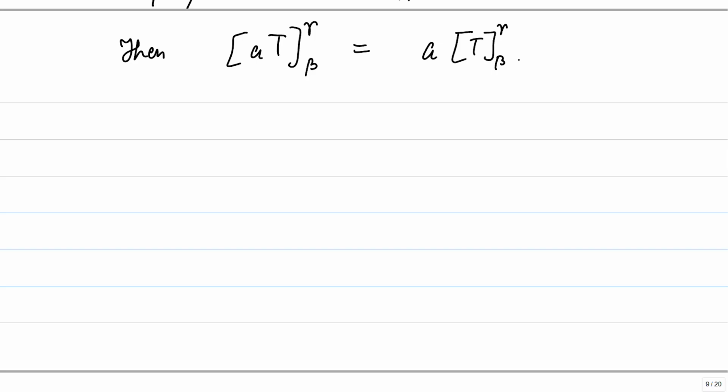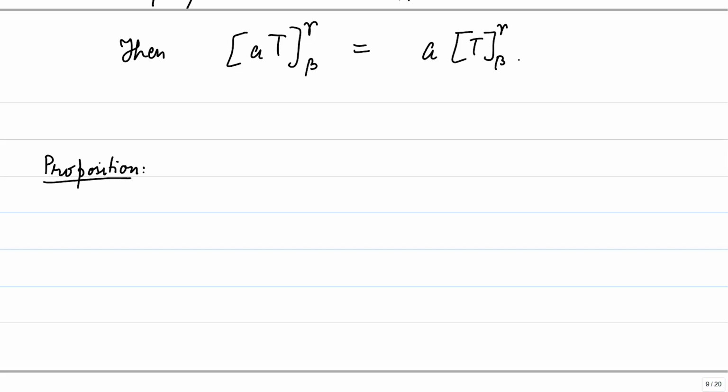Now we would like to explore how the matrix of a product of linear transformations behaves. For that, let me write down a proposition and directly tell you what the expected outcome would be.